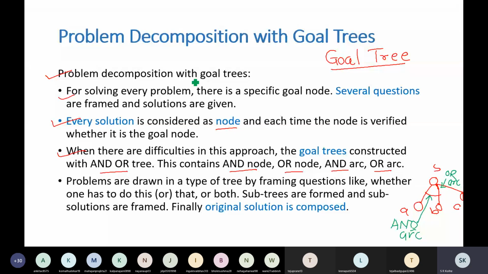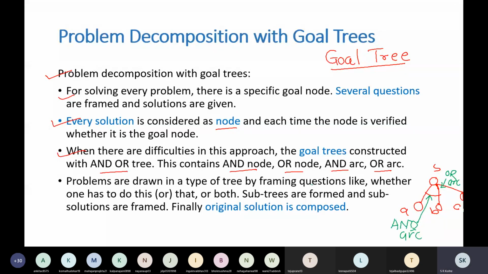Okay, and if we come to know that B or C has to be tackled or C has to be solved, then we will model that C as an OR type of node. And if this is how we proceed, then we arrive at a solution. For example, come out here, A and B, if we solve both, then that will solve node S. Okay, that means if S is the problem, S is solved.